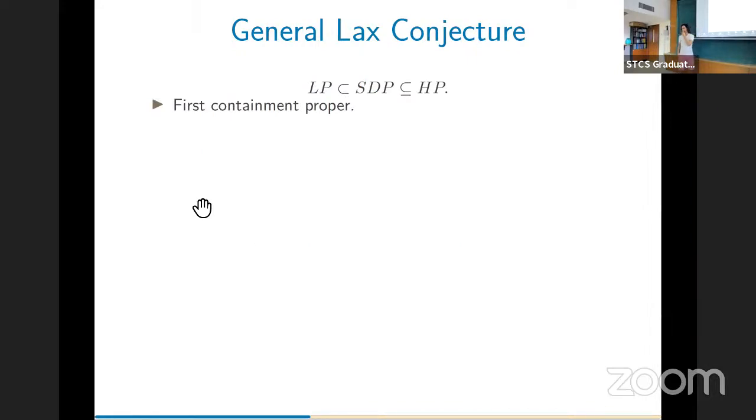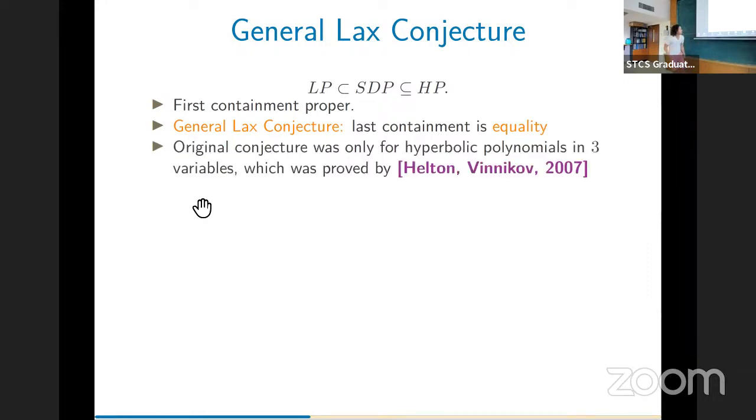Right, and that's again the picture, that's what the generalized conjecture is saying. We know that the first one is proper, as we discussed, and the Lax conjecture is saying that the second one should be an equality, qualitatively speaking.